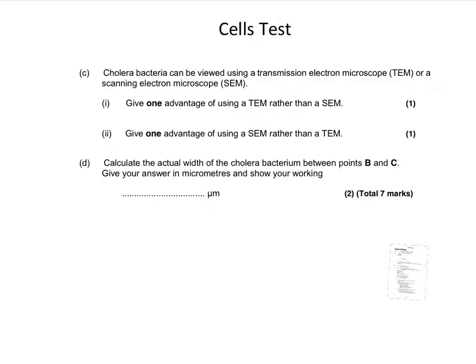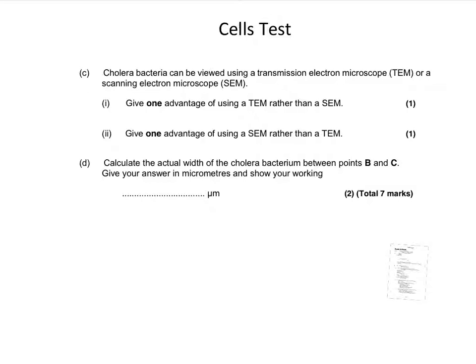Again, answers that say that you can look at living specimens is incorrect, as the specimen will be placed into a vacuum. And as we all know, you can't have a living specimen in a vacuum, unless it's in a spacesuit.